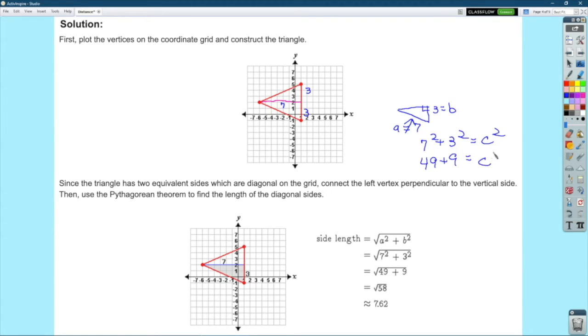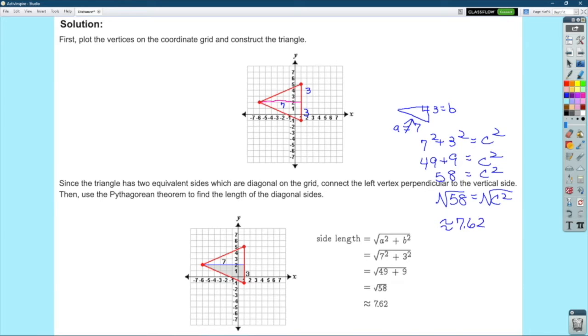And then I'm going to add these two together, and I get 58 equals c squared. And then I take the square root of both sides. 58 equals the square root of c squared. And this right here is a good answer, but it becomes approximately 7.62.